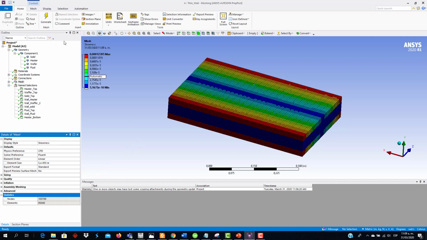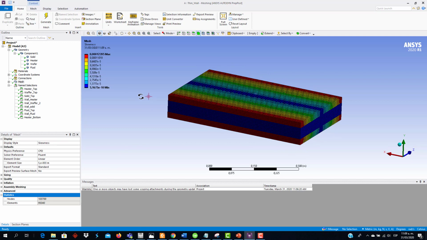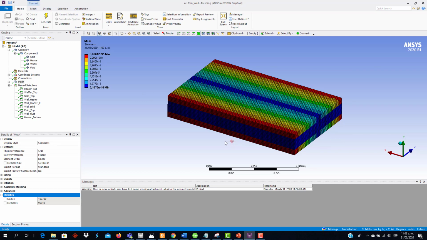Okay, then right now we are going to the ANSYS Fluent setup, and I will show you how to set up the thin wall model and how this model influences the results that we obtain in a heat transfer process.